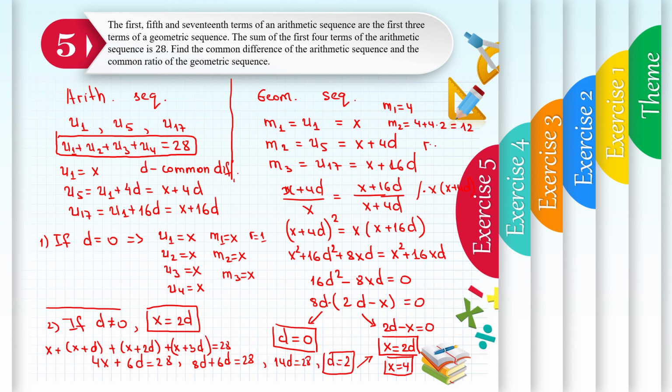The ratio will be the second term divided by the first term, so it gives us 3. So the answer to this question is the following. We have two cases. Case number 1: the common difference is equal to 0 and the common ratio is equal to 1. Or case 2: the common difference is equal to 2 and the common ratio is equal to 3.